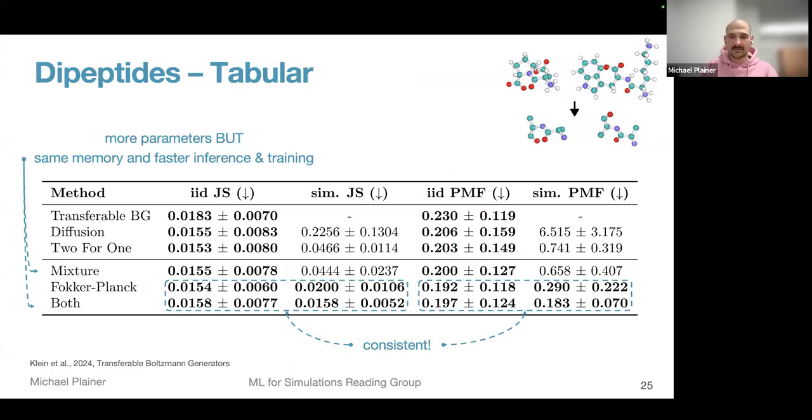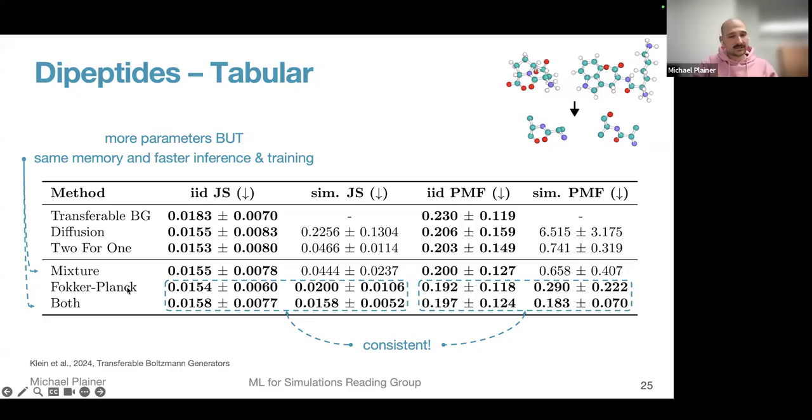Yeah, and if we look at some numerical results again, like before, on this potential of mean force error and the Jensen-Shannon divergence of samples, what we are mostly looking for in our models is one, that the model produces good results that are close to the reference distribution, and two, that those two formulations agree.